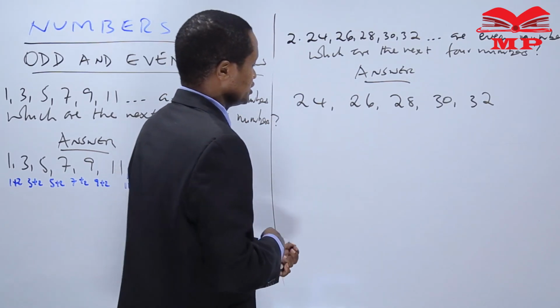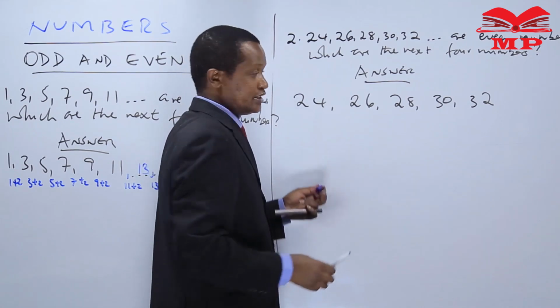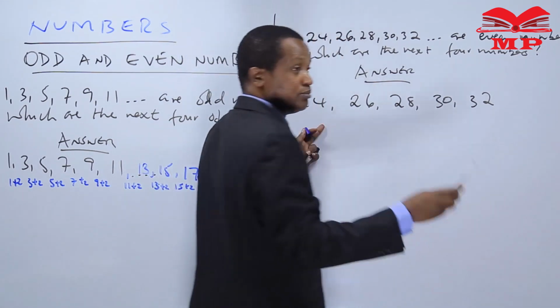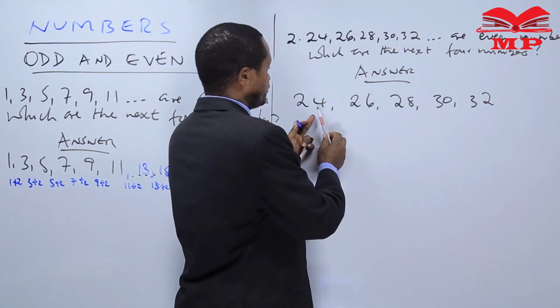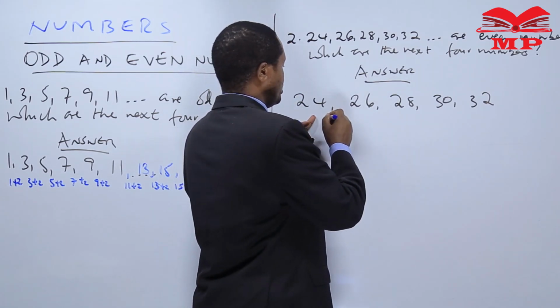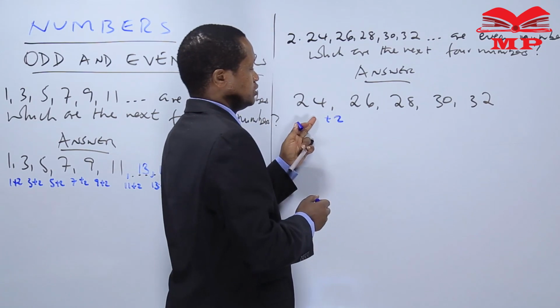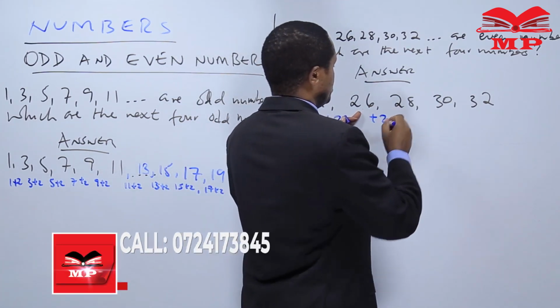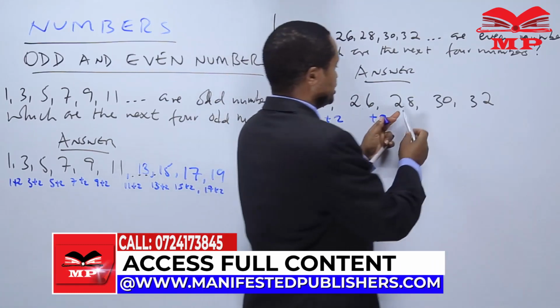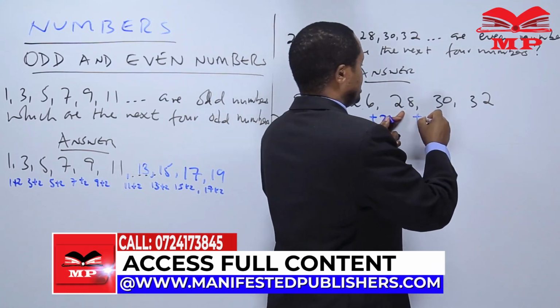And you can see there is also a pattern here. These numbers are increasing by 2. From 24 to 26, we add 2. From 26 to 28, we add 2. From 28 to 30, we add 2.